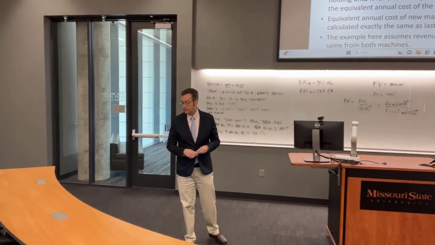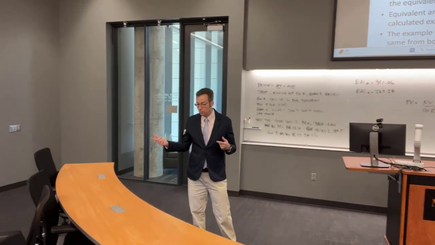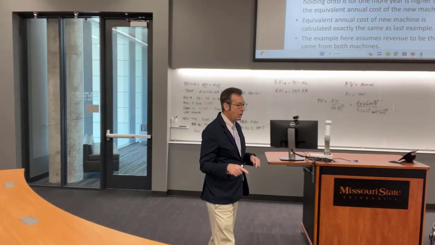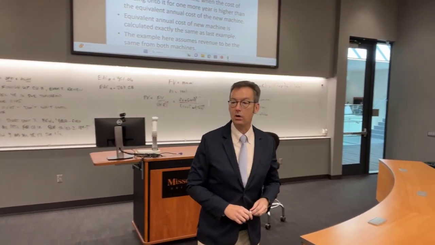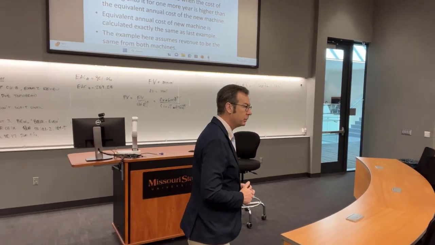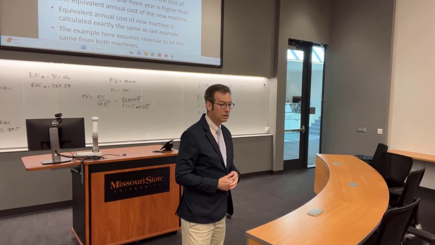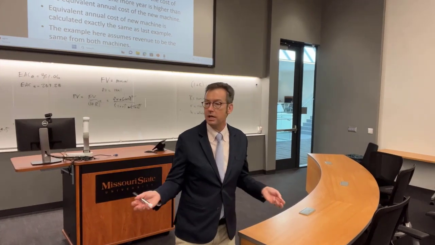Now, new machines are going to have a lower maintenance cost going forward, but they're going to cost more up front. So we're going to have to balance these things out. Now, our assumption here is that these machines are equally productive. What does equally productive mean? Production. Yeah, they could make the same stuff, right? The same stuff at the same rate.